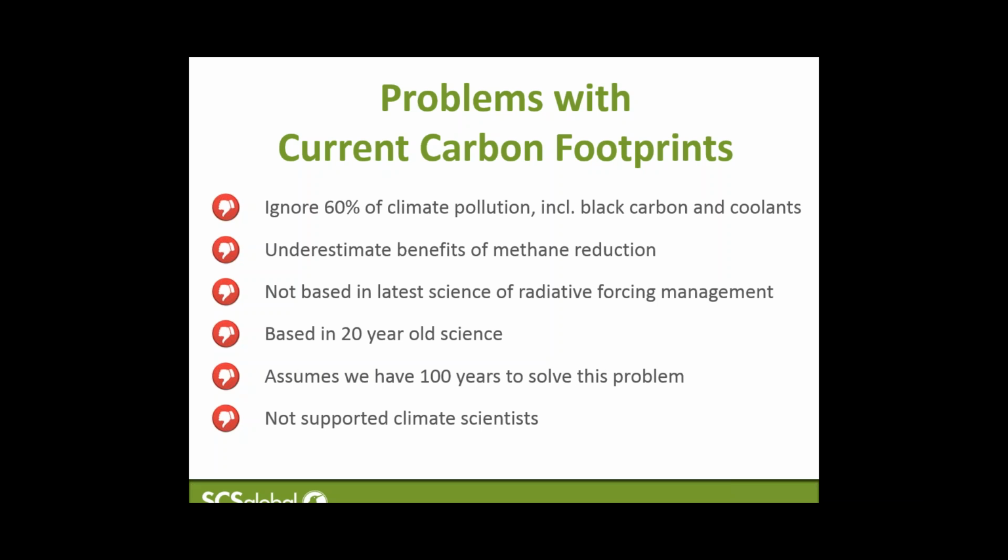As I said, they underestimate the benefits of methane reduction significantly. This is all because these are not based in the latest science of radiative forcing, and they don't give a way to manage the radiative forcing, which is clearly what we need to do. And in fact, these current carbon footprints are for the most part based in 20-year-old science that haven't been updated with the huge wealth of information and knowledge that's been gleaned since then.